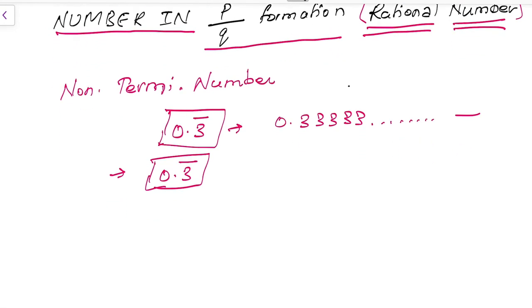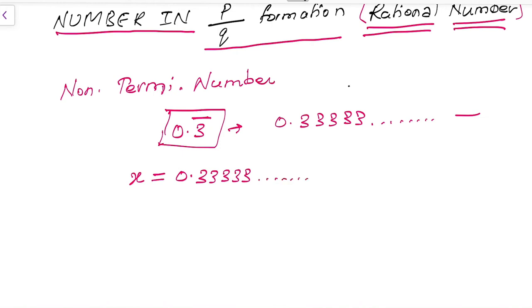To write this type of number in p upon q format, first we take this number as the value of x. So we take x as 0.3 bar, meaning 0.3333 continuing till infinity.